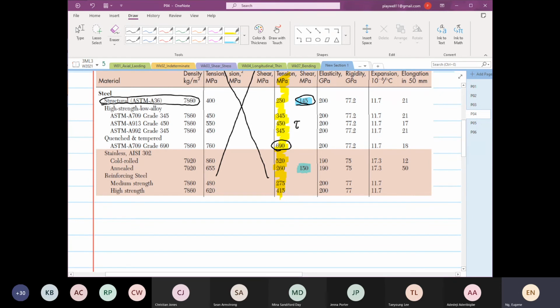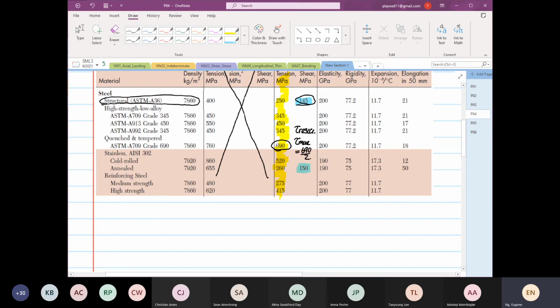So based on Tresca, the shear max is equal to 690 divided by 2. So you have to declare.